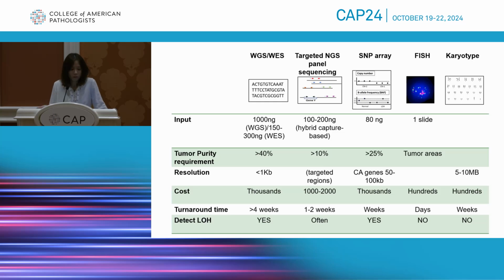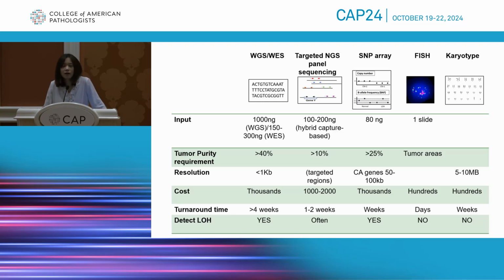So it's not horrible. But if we talk about FISH or karyotype, those are our old friends. They're very easily accessible, but they would not be able to give you the information about loss of heterozygosity. The turnaround time varies, especially for karyotype. When you are relying on karyotype to detect copy number changes, the resolution is not great. You are looking at 5 to 10 MB.